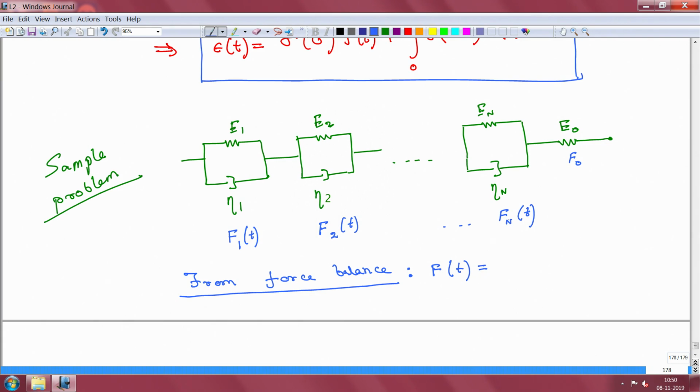So, these individual forces are no longer a fractional part, it is actually the full force F naught. These are all equal.